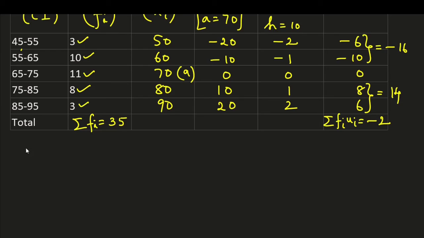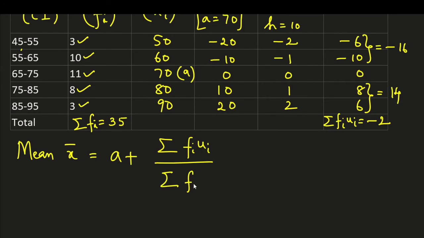So let us write the formula for mean. Mean x bar is equal to A plus (sigma fi ui by sigma fi) into h.